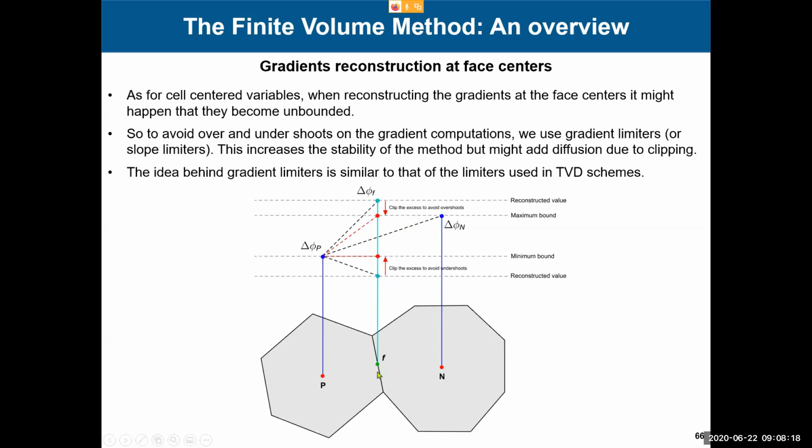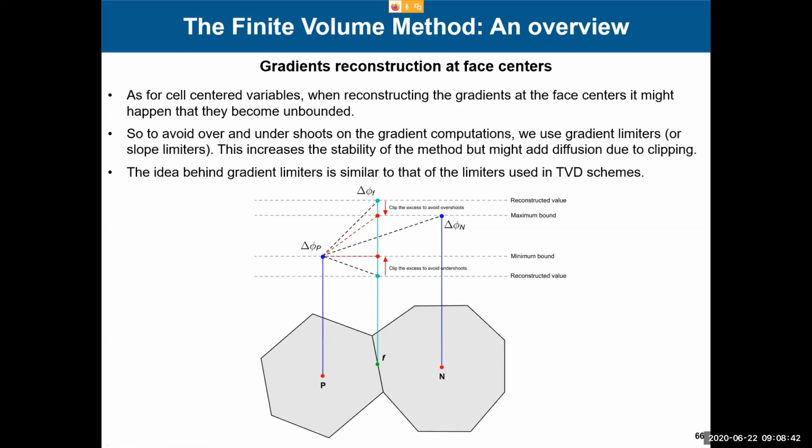And this can happen due to skewness or non-orthogonality. So what our gradient limiter is doing here is just, if it detects that this value is larger than the bounding quantities, it will clip it. That's all, okay? If it is unbounded by the value 1, clip it to 1 and put it here. And also if it's here in the negative. Okay, very brutal, but it works.